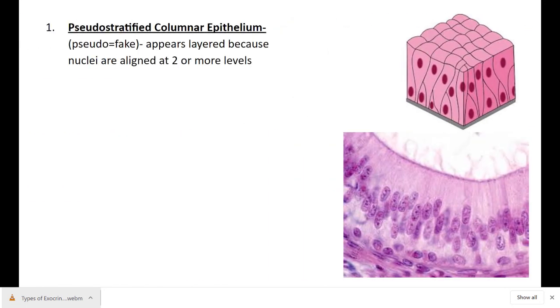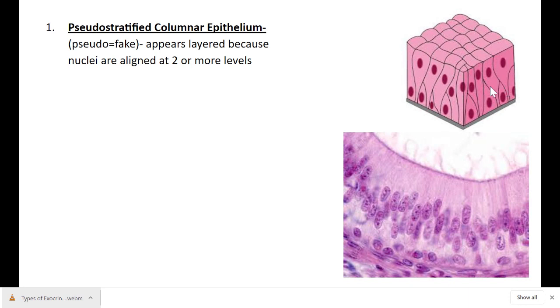Here is an interesting one: pseudostratified columnar epithelium. Pseudo is kind of like fake, right? It looks like there's a bunch of layers there, but it's actually just one layer. The nuclei are on different levels, but an important distinction is that every cell is attached to the basement membrane, but not every cell reaches the apical surface up here.